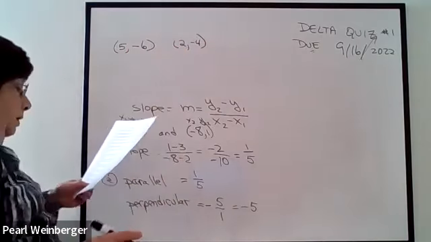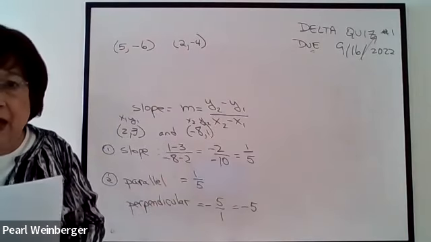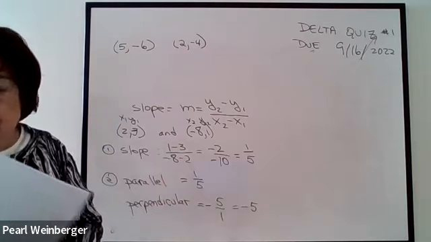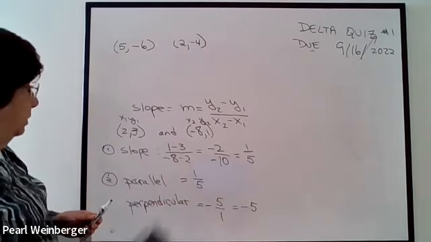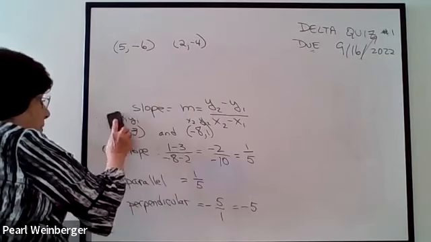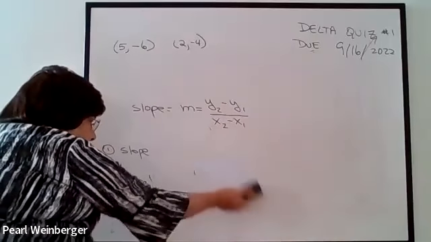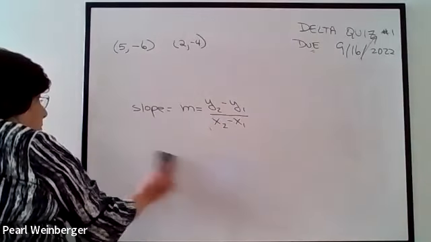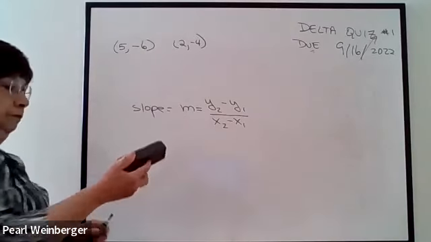Again, what we want to do is find the slope of the line. And so I'm going to give you a few minutes. And I'm going to erase this because it's making the board look so messy. And I'm leaving the formula on the board because we're using it.